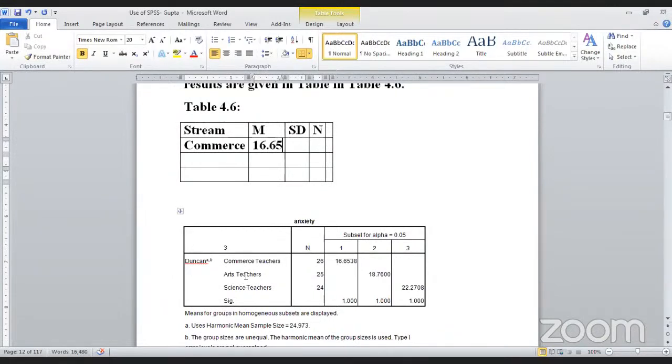Now next is the arts teachers, and here the mean is 18.76. Next is science, and here the mean is 22.27.